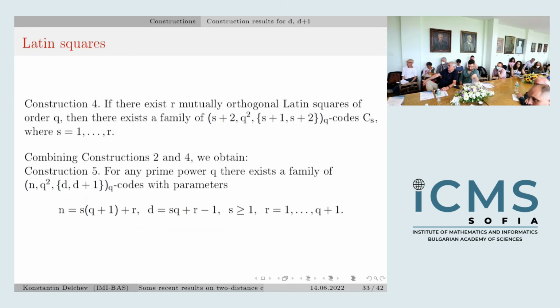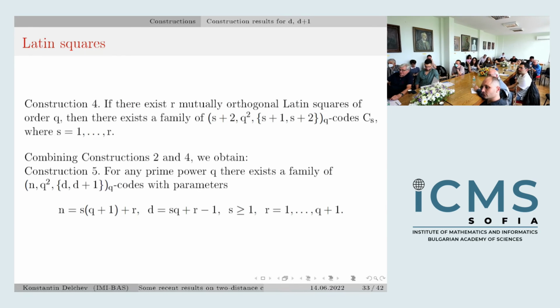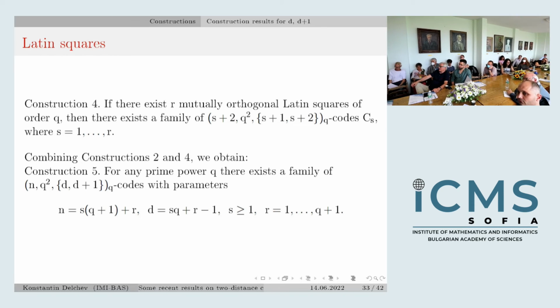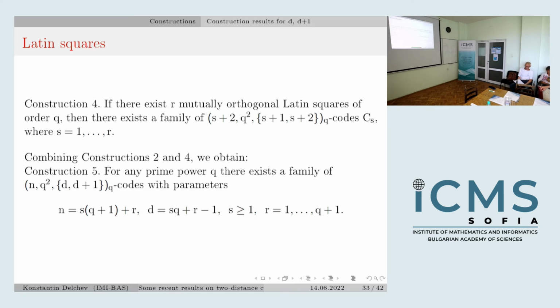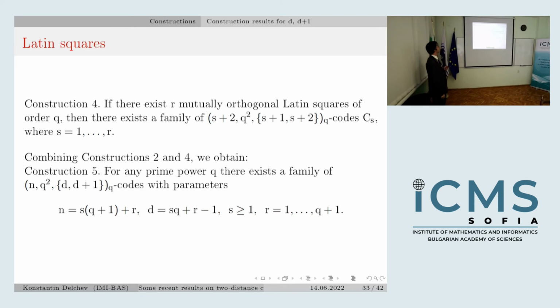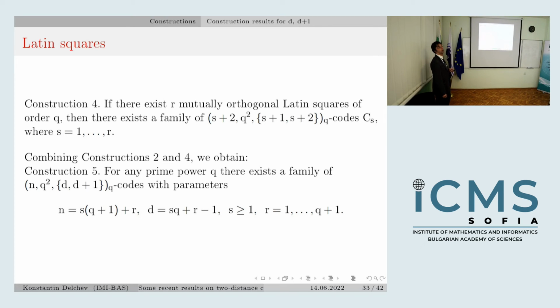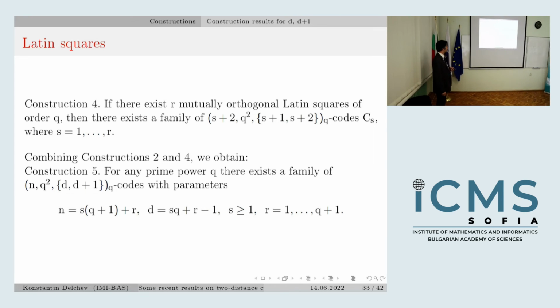Some more theoretical construction is what we can do with Latin squares. Latin squares themselves are codes with two distances, both with two neighboring distances, and they are optimal codes with largest distance n.